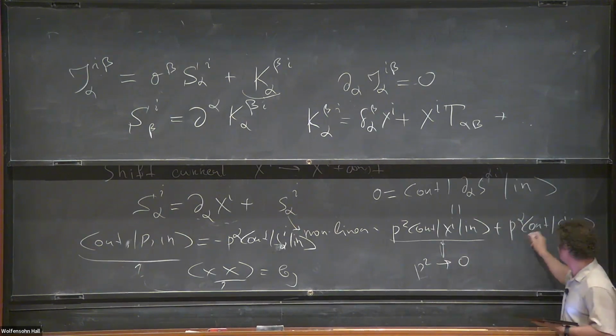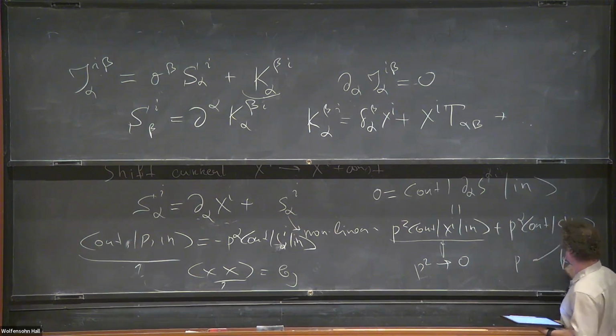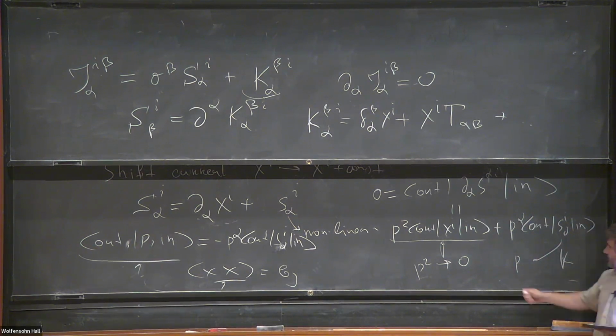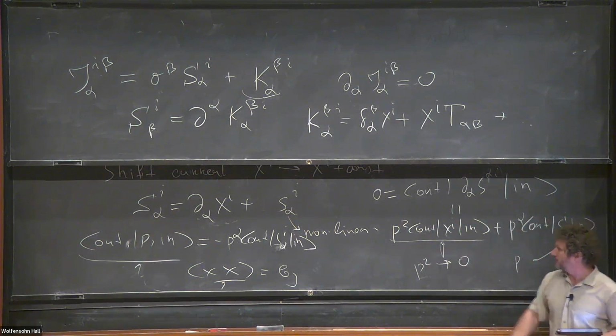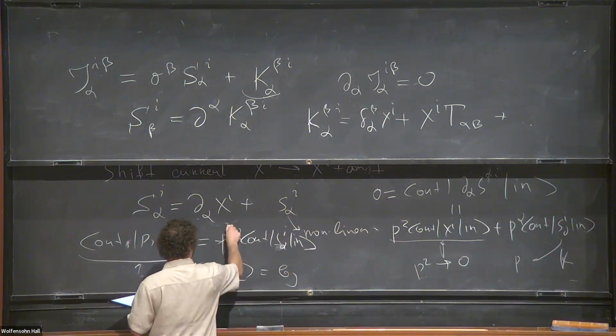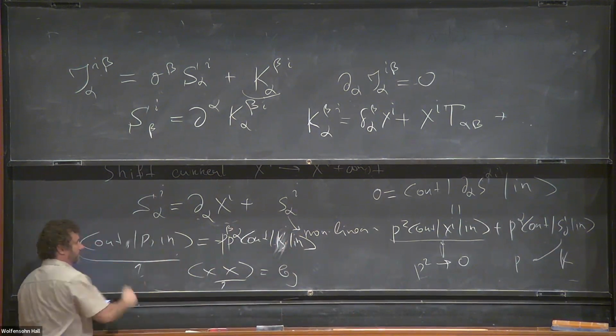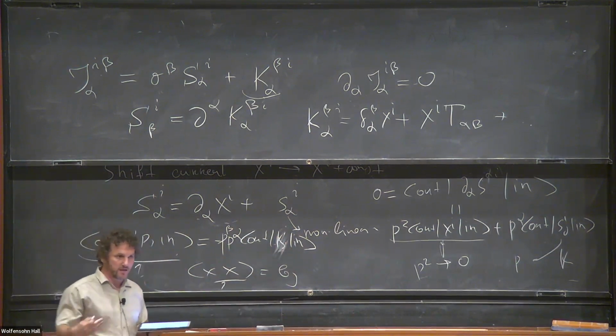Namely, there is an additional factor, I write this as P times K, schematically dropping all indices. So schematically, I get a relation like this. I find that this on-shell amplitude is not just soft, but it's doubly soft.